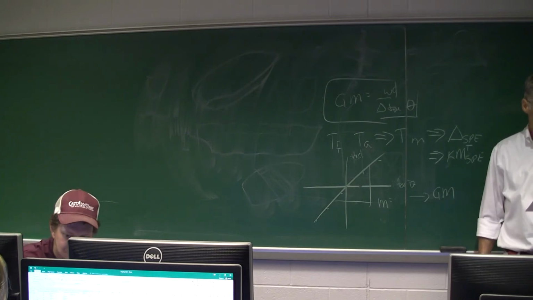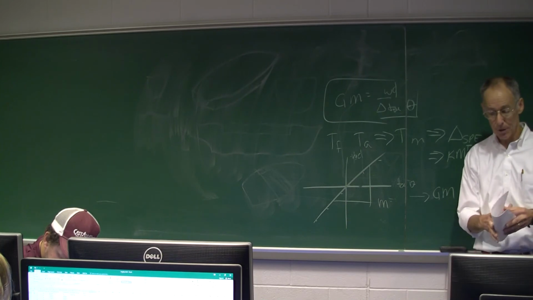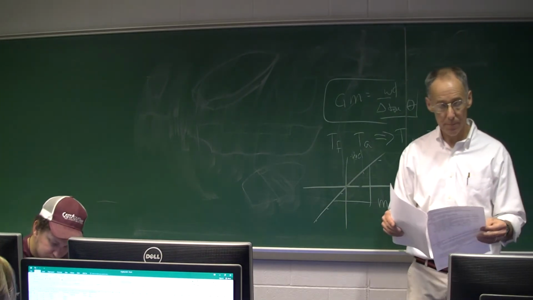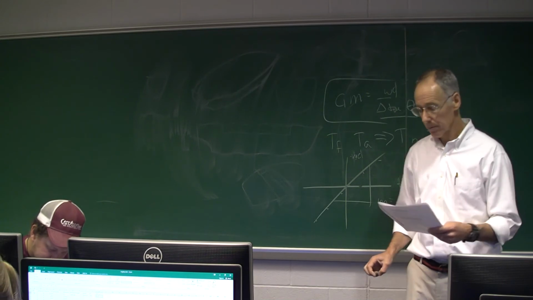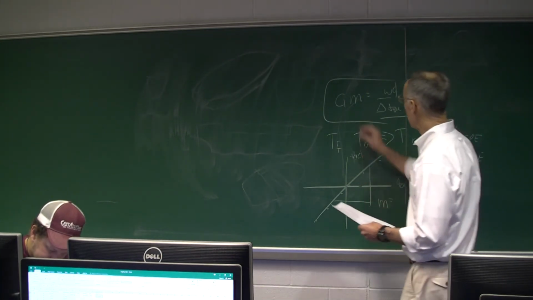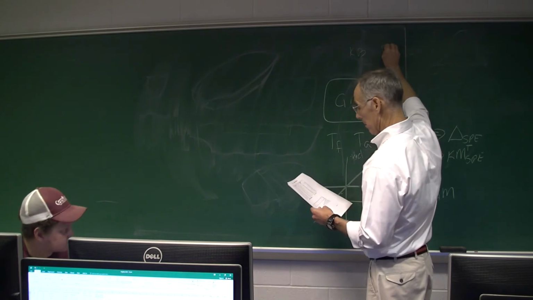Step D has you compare KM sub T. If you flip to table 1 in your handout, table 1 gives you KB and it gives you BM.